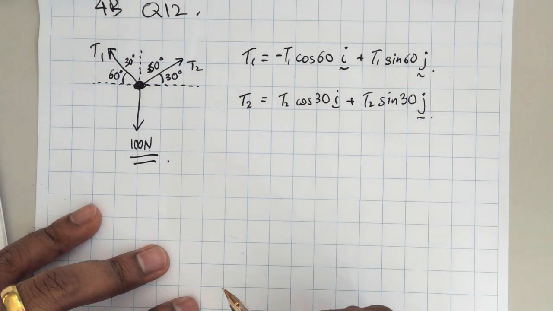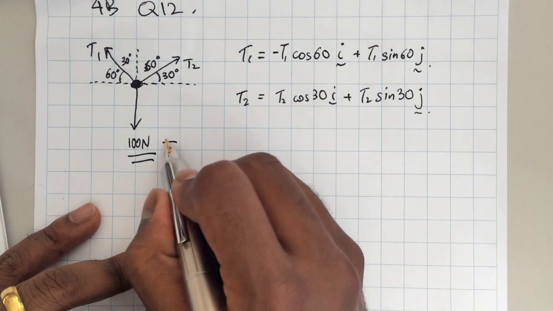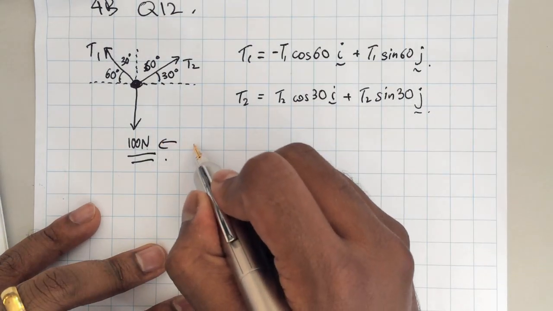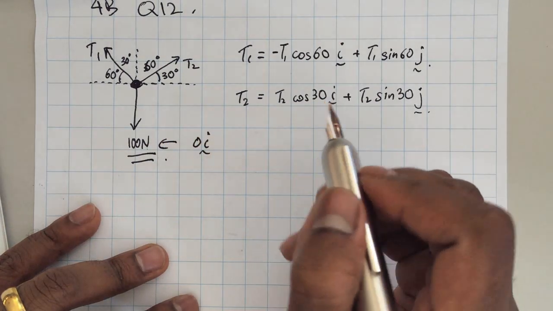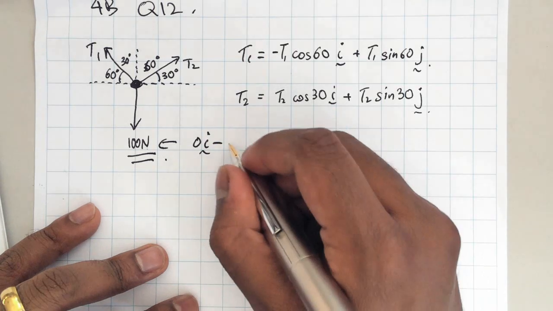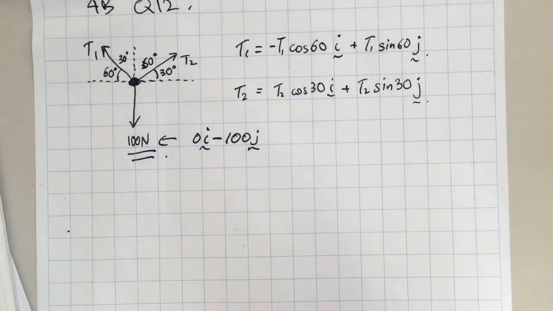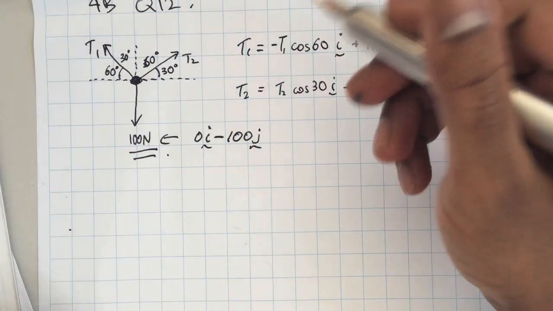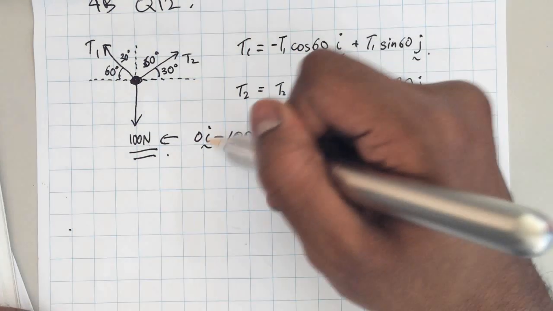Let's turn that into component form. Very, very simple. There's no I, because there's nothing going horizontal, but there's going to be a negative 100 J. Make sure that makes sense. So, equilibrium, which means that the sum of these two should equal this.